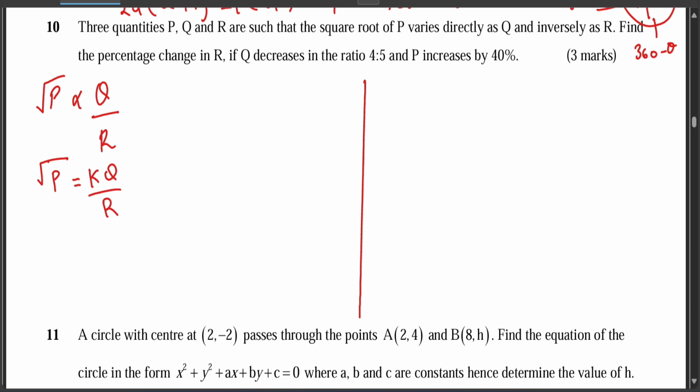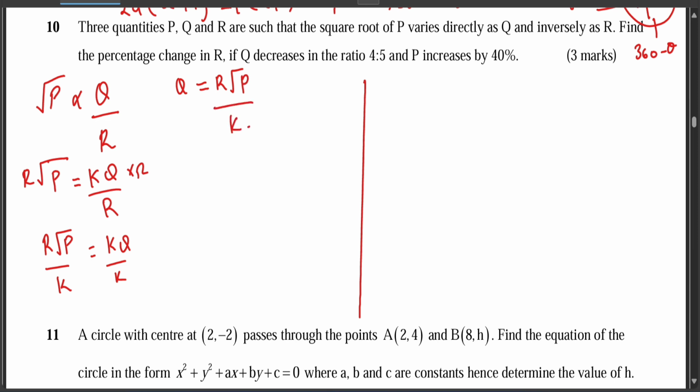Since R is dividing, multiply by R. So R root P equals KQ. Then divide by K. So your Q will be R root P over K.